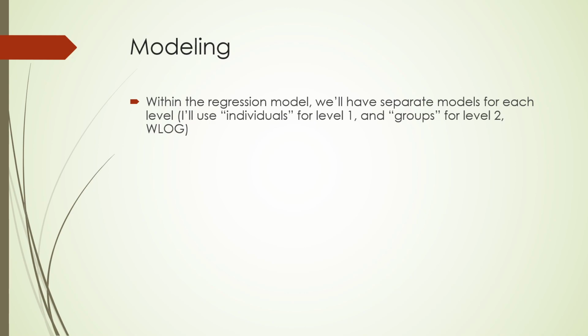This is done to help you understand the concept, but all of the explanations regarding this are going to be applicable to whatever your level 1 and level 2 classifications are. So we'll use individuals and groups, or again, employees and companies, and not really worry about the fact that not every level 1 is an employee and not every level 2 is a company.